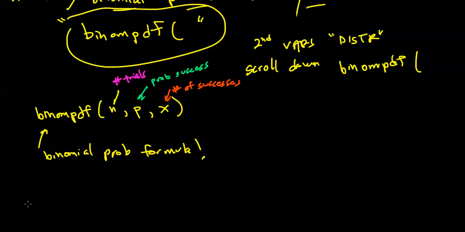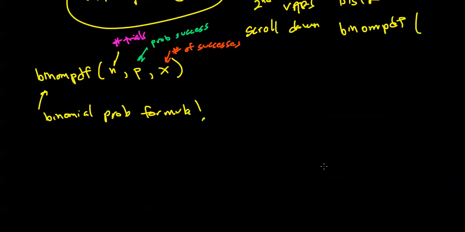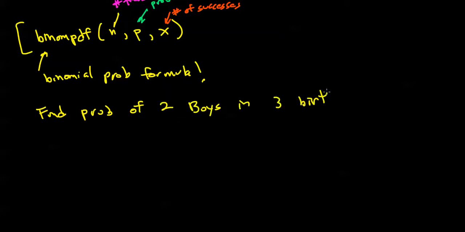Okay? So let me work out this above example we did from brute force. It's the probability of 2 boys in 3 births using this binomPDF command. Let's see if we get the same answer. Find the probability of 2 boys in 3 births.